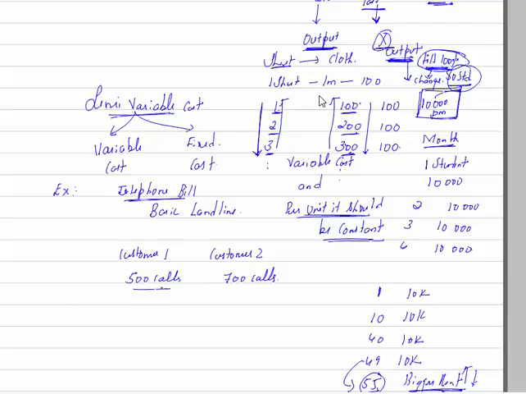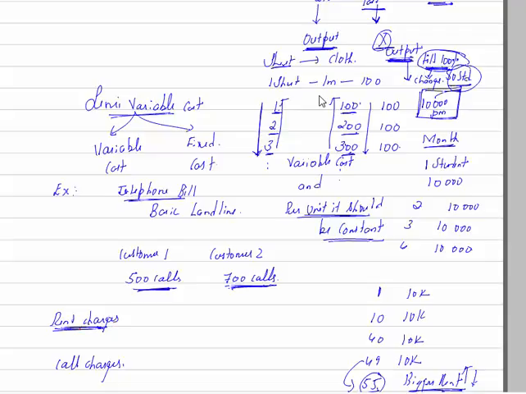Suppose if we observe in the bill, two kinds of charges they are going to charge. One is rent charges and the other one is call charges. Rent charges are those charges which are going to be fixed irrespective of the number of calls made. Let it be 1 call, 20 calls, 50 calls, or 0 calls, the rent charges will be charged for all the customers.